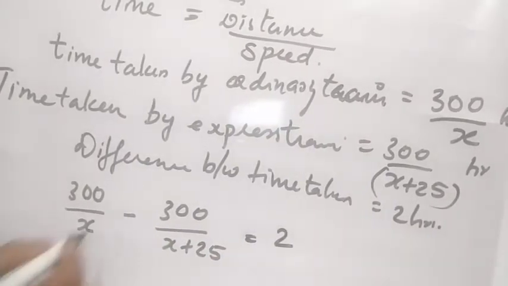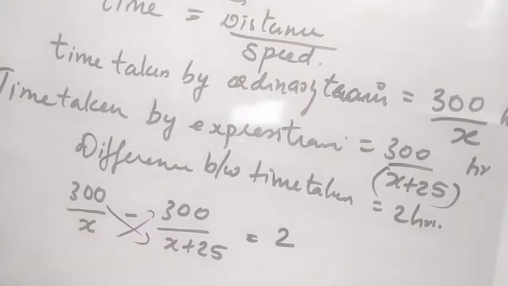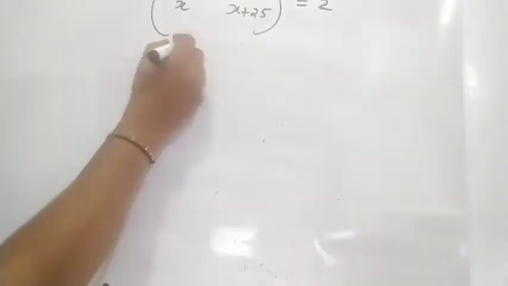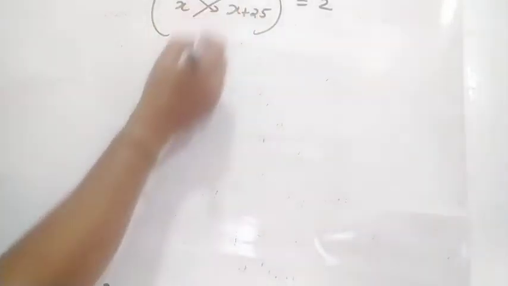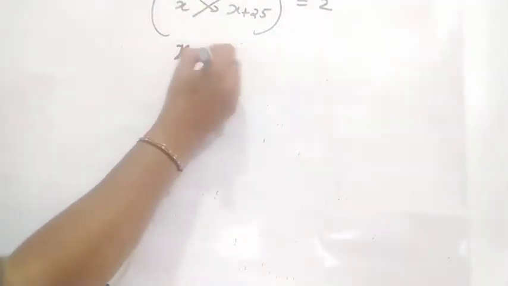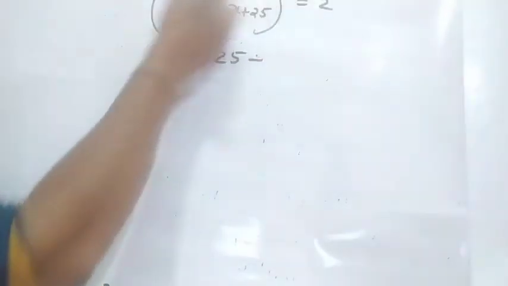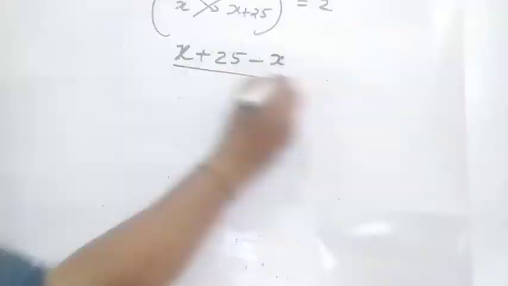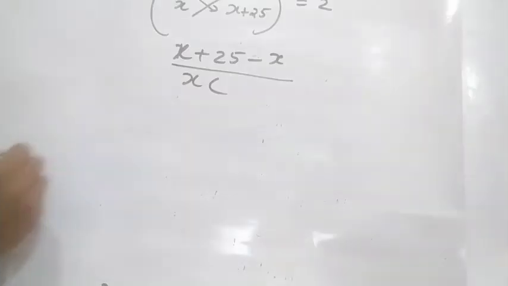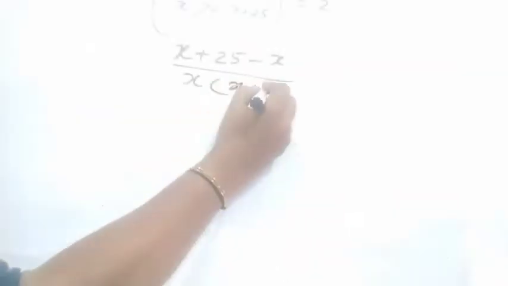Now let us cross multiply to get the quadratic equation, and after that we can solve the quadratic equation. 300 is common for both the fractions: 300 into 1 by x minus 1 by x plus 25 gives 2. So we can cross multiply. 1 into x plus 25 is x plus 25, minus 1 into x is x, divided by the denominator x into x plus 25.